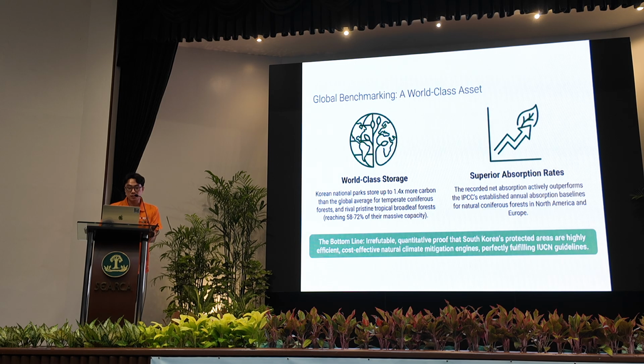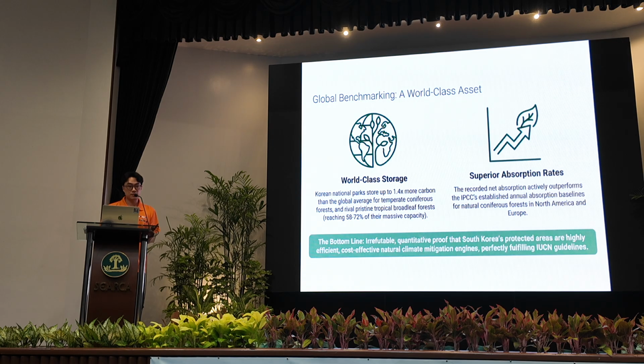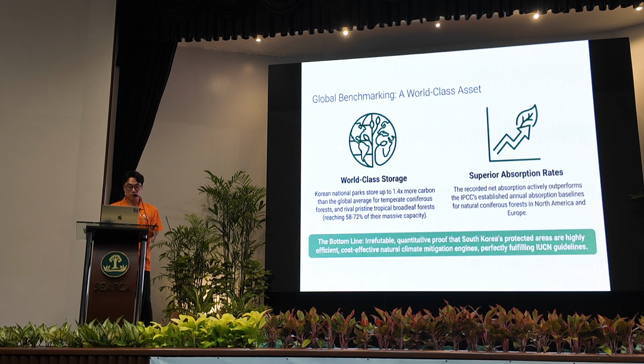We benchmark these results globally. Korea National Parks store up to 1.4 times more carbon than the global average for temperate coniferous forest, and the storage reaches 58 to 72% of tropical broadleaf forest capacity.